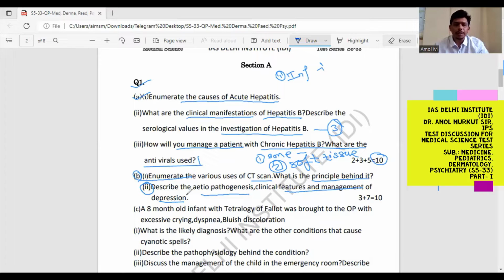So what you can write is, you can create endogenous causes and exogenous causes, and combine them and write into etiopathogenesis. What are the endogenous causes? It can be multiple, say biological causes such as metabolic abnormalities, then cerebral tumors or trauma. This can also cause depression.